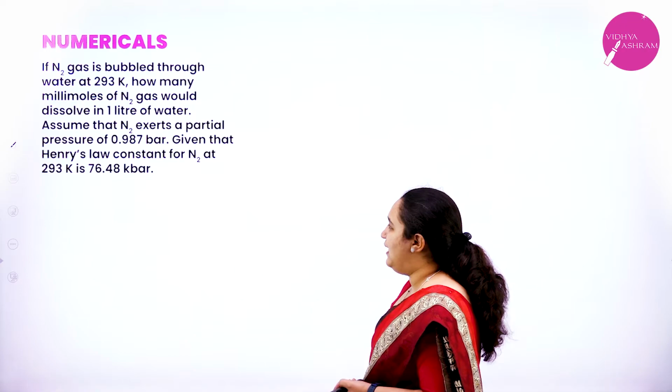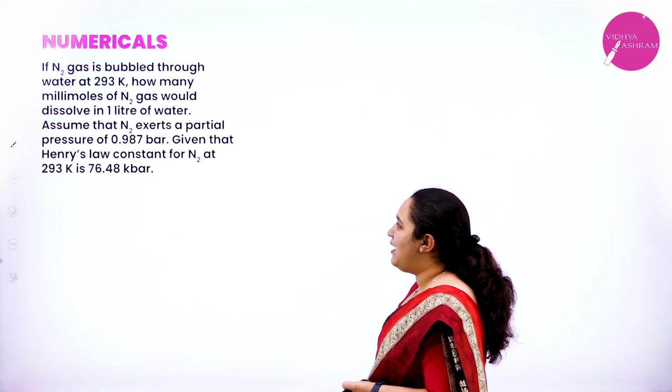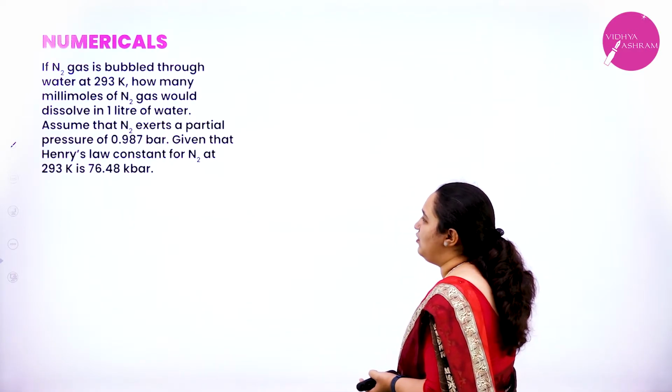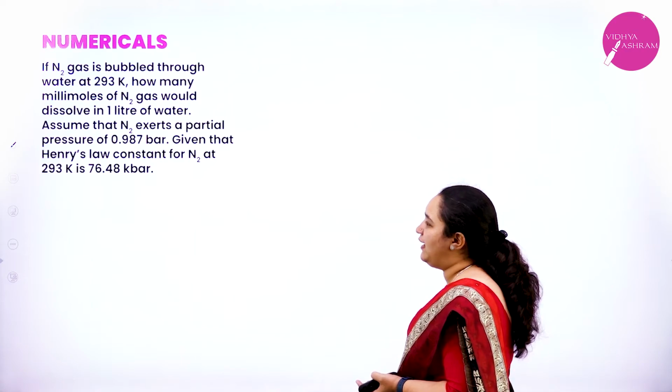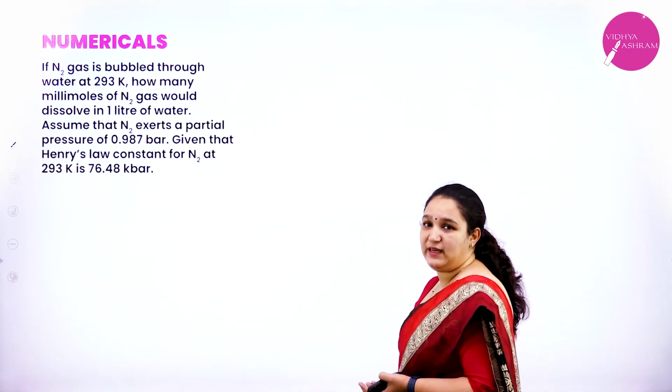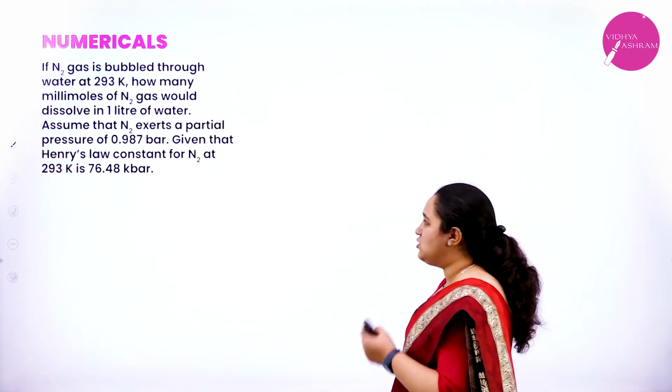Assume that nitrogen exerts a partial pressure of 0.987 bar, given that Henry's constant for nitrogen at 293 Kelvin is 76.48 kilobar. Okay, so what is given?